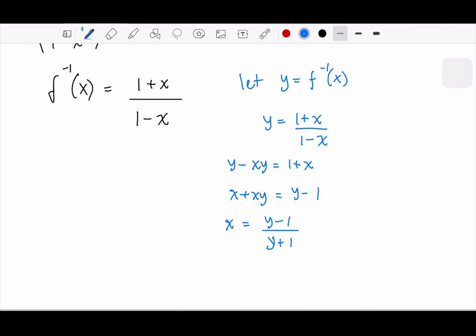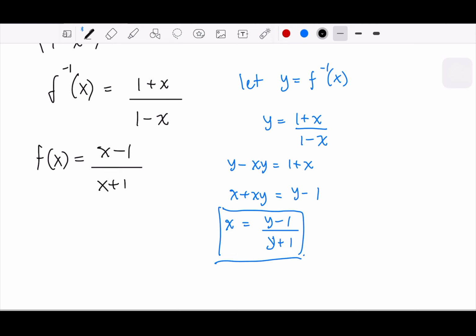So based on this relations, then we have f of x is x minus 1 divided by x plus 1. Or we can write this y inverse is f of x. Now we can directly derive from the equations with quotient rule.